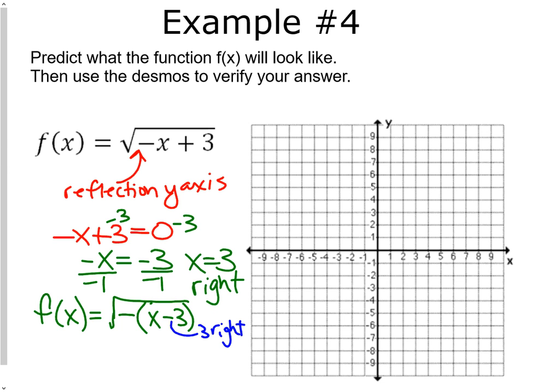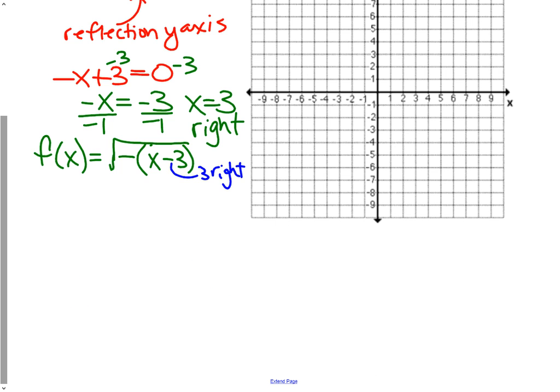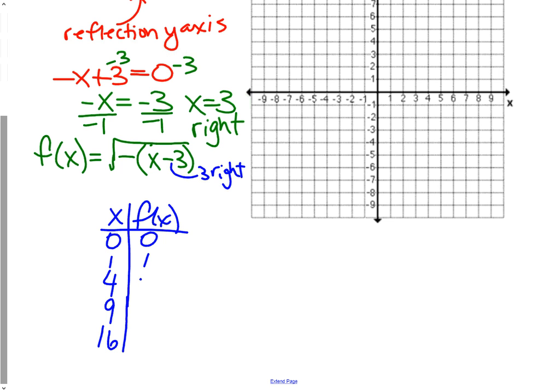Okay, so from here, you want to create your table of values, starting with your base graph of the square root graph. So x, f of x, square root. Remember we always use those numbers that we can actually find the square root of: 0, 1, 4, 9, and 16, which gives me 0, 1, 2, 3, and 4. Then I'm going to use this function that we just rewrote.